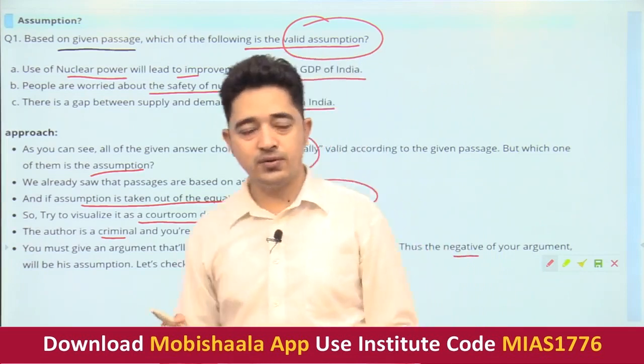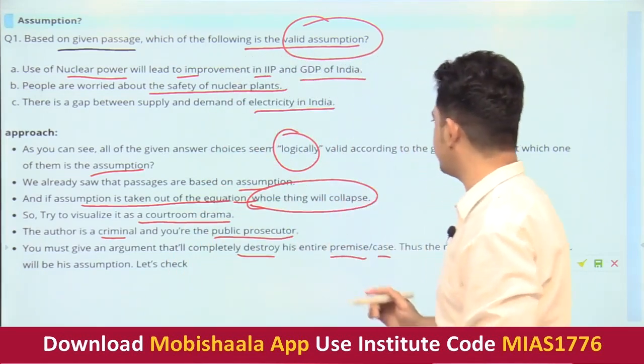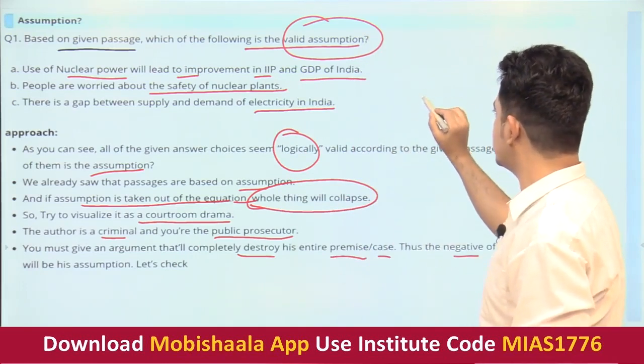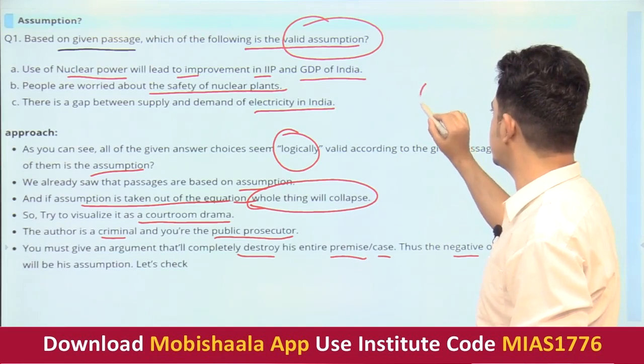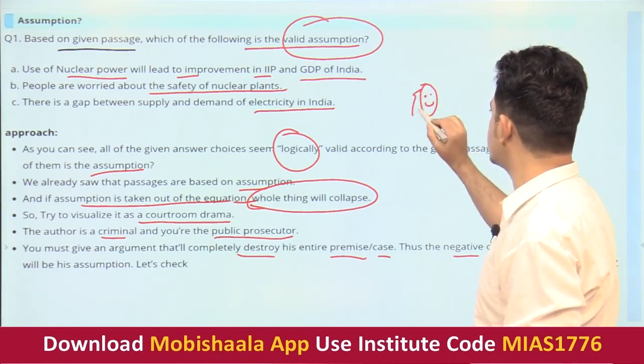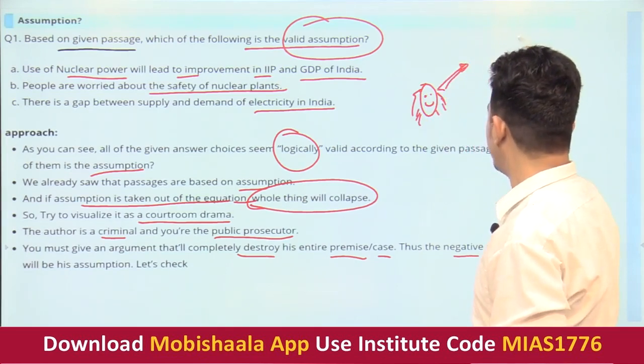Right? So first, what you need to understand, for example, there was a person whose body is wet. What kind of assumption can you come up with? Maybe there was rainfall outside.